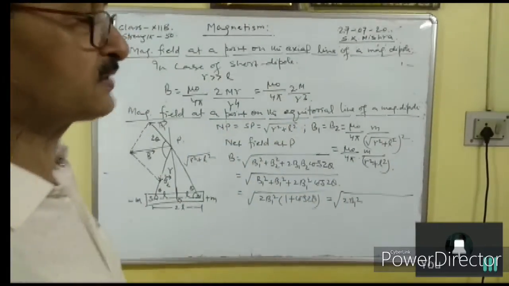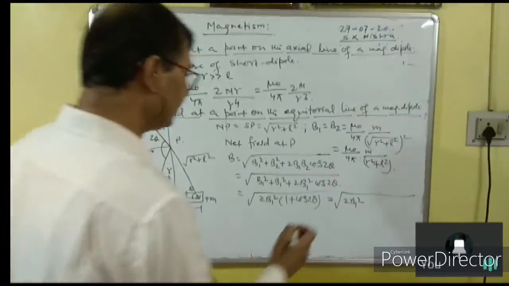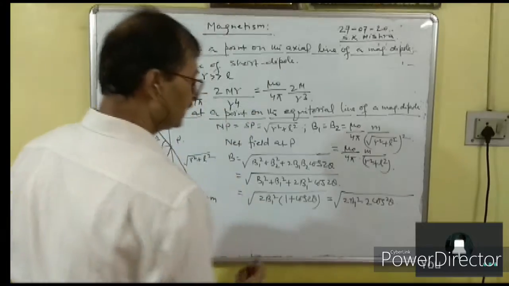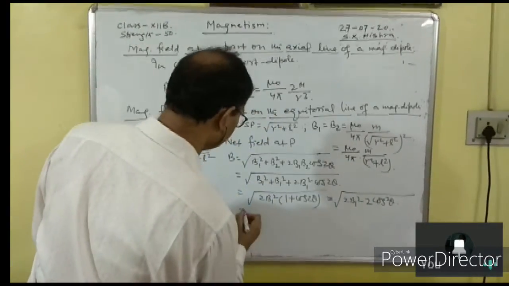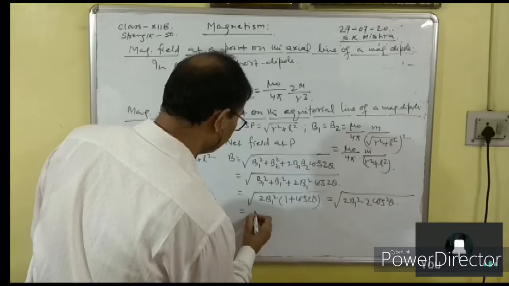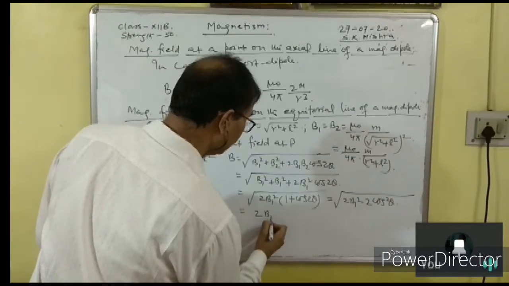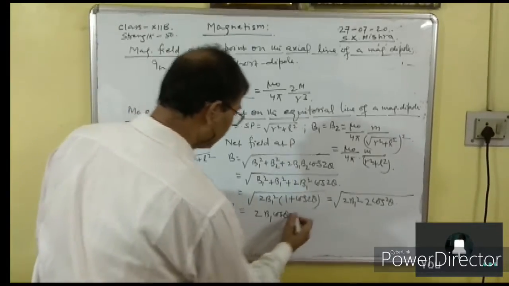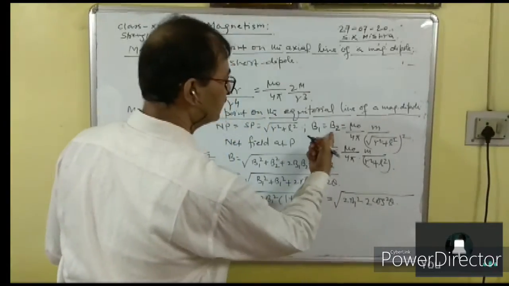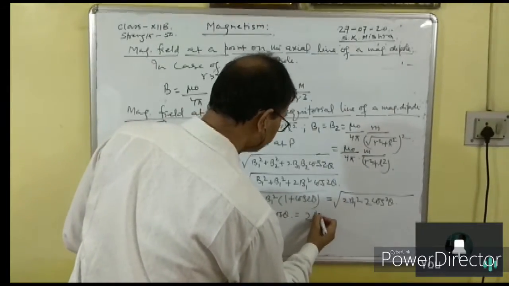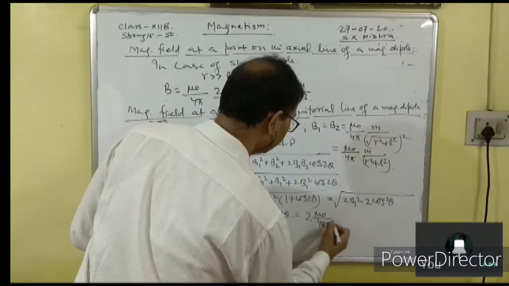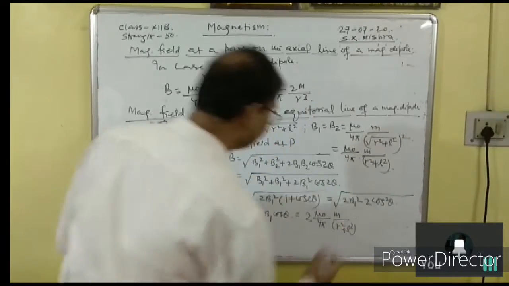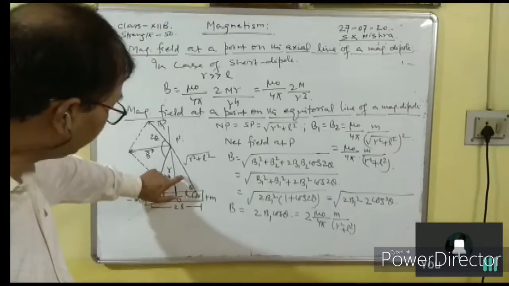Pole strength plus M minus M, they differ in sign only, but strength wise they are the same. Every magnet has two poles and the poles are of equal strength. And if you divide the magnet, howsoever small may be the part, that itself will be a magnet. So magnetic poles cannot exist in isolated form. You cannot get a separate north pole. You cannot get a separate south pole. But in case of electrostatics, you may have a separate positive charge, separate negative charge.